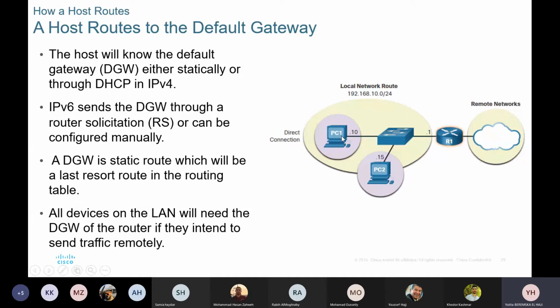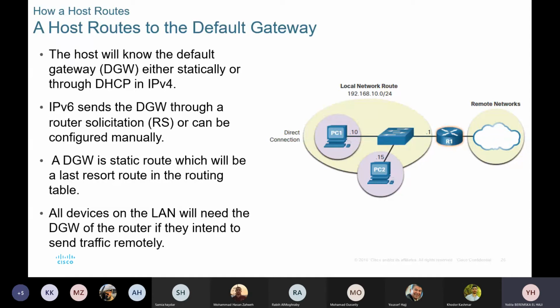The DHCP server will lease a free IP address to the device, and it will be for a certain time. Let's say, for example, 24 hours or 1 week or 1 month. It depends on the configuration in the DHCP server. After this, the device can use this address for the lease period of time.